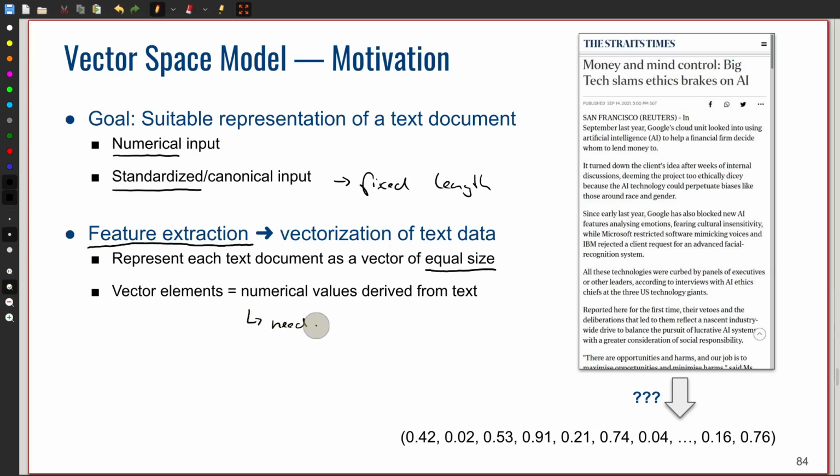So these numerical values need to preserve interesting characteristics of our text.